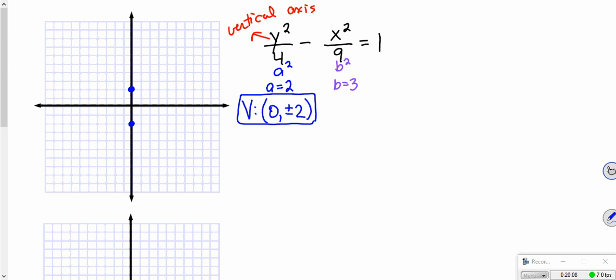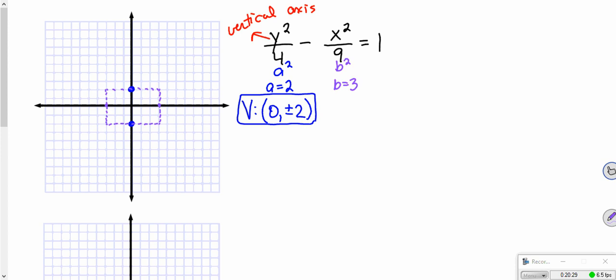Now I am going to graph my b just really little here, because this is what's going to give me my box. What do I need my box for?